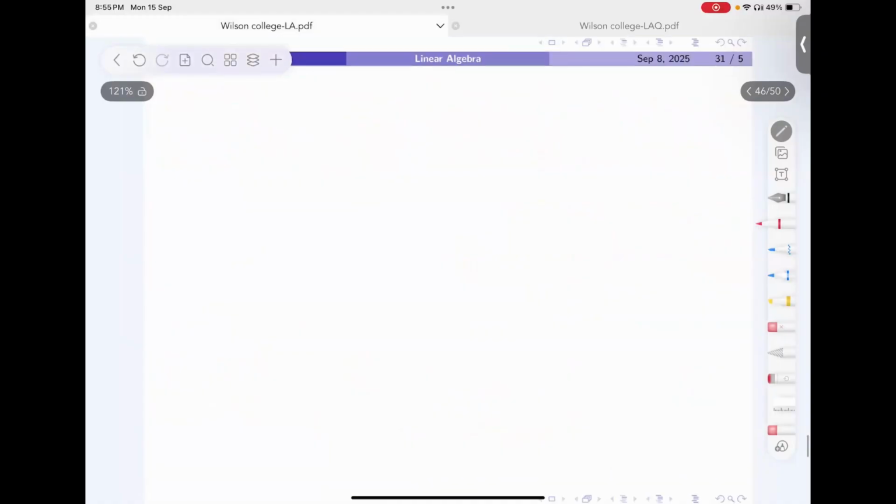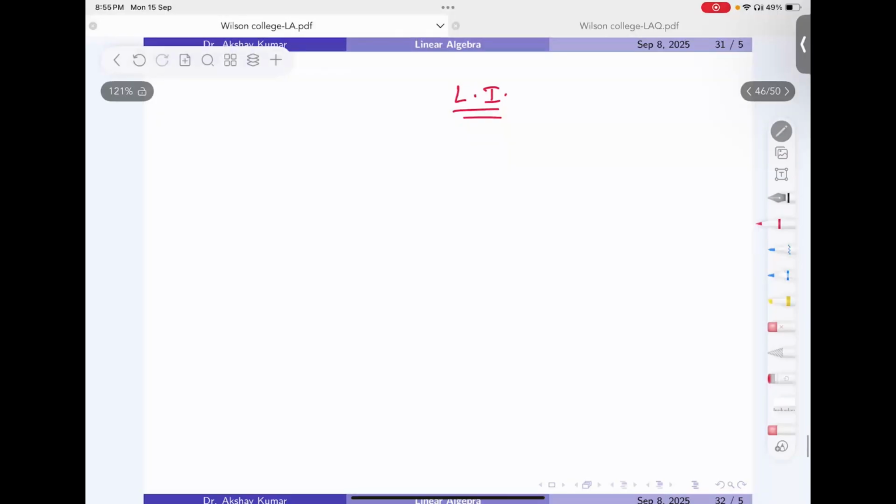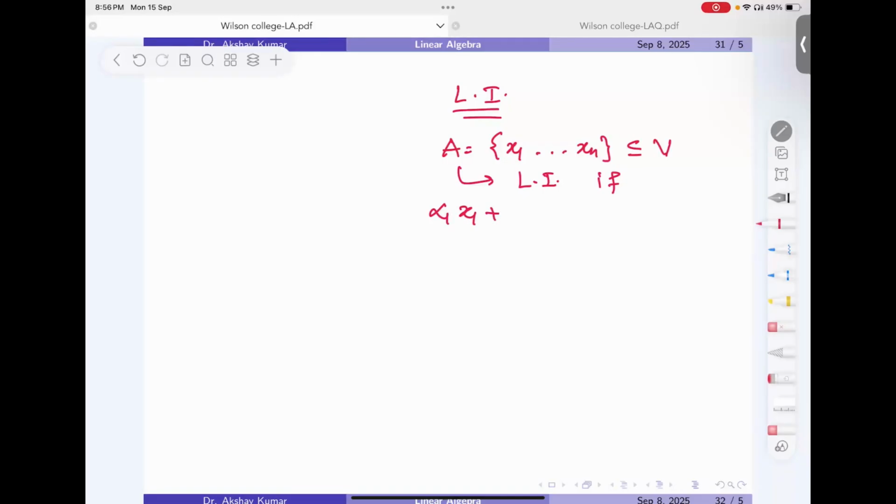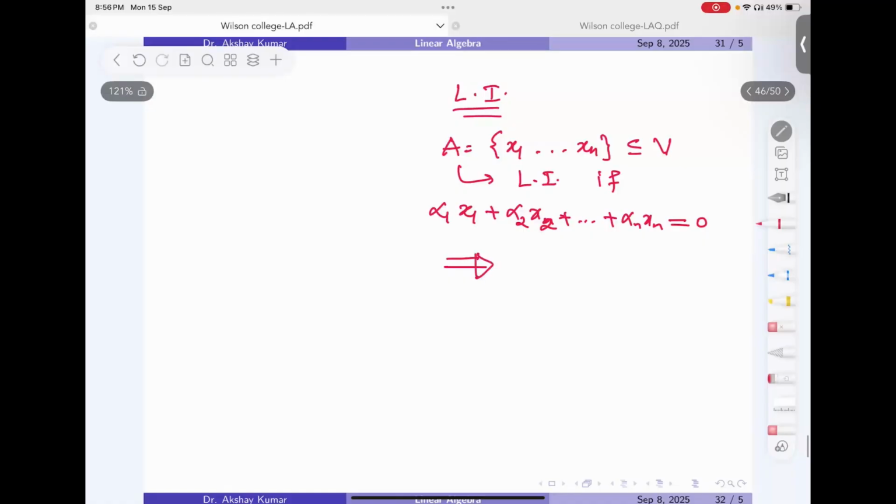So during the definition of linearly independent and dependent, I should write it once again. So a set A, suppose finitely many, this is set A in a vector space, is said to be linearly independent if you take any linear combination, and if this combination equals 0, then this will imply all alpha_i should be 0.